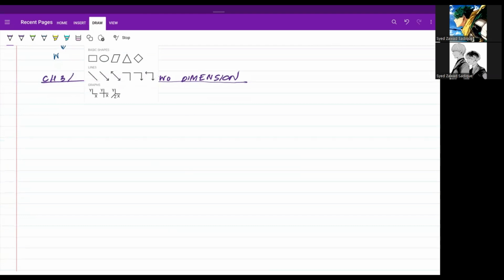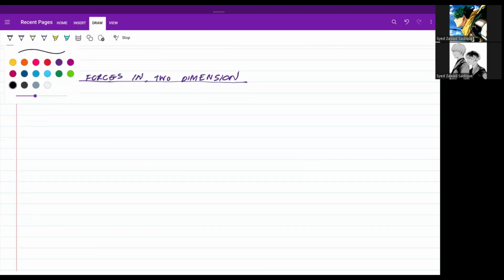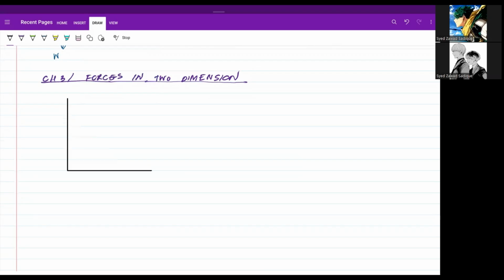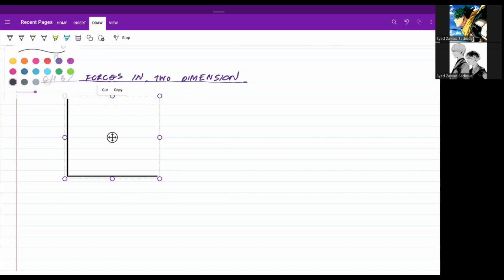Now we learned in AS physics, about forces in two dimensions, I think in chapter two. What did we learn?